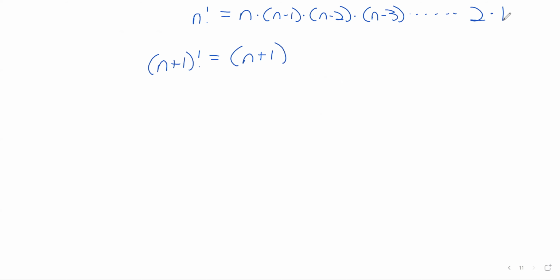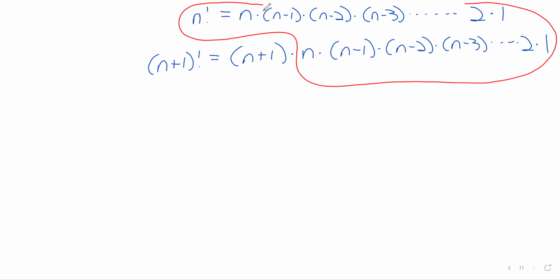Well, it's n plus 1 times n times n minus 1 times n minus 2 all the way down to 1. And what you might see here is that n plus 1 factorial is n plus 1 times n factorial.